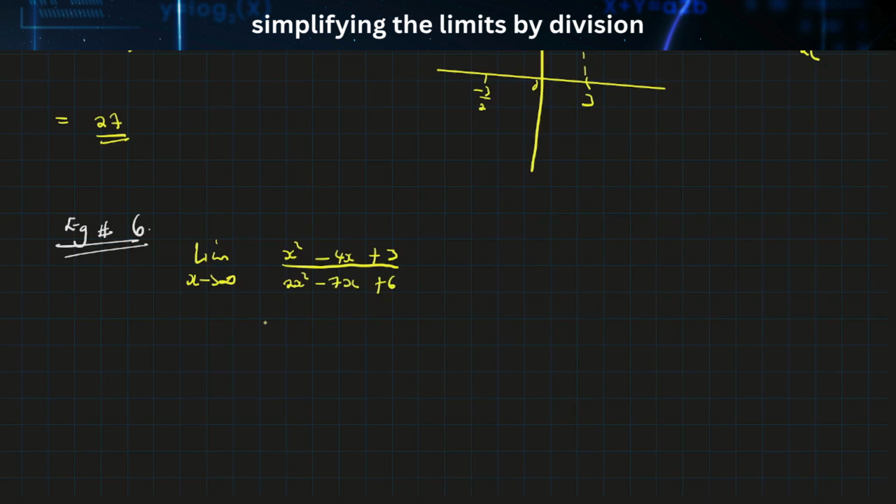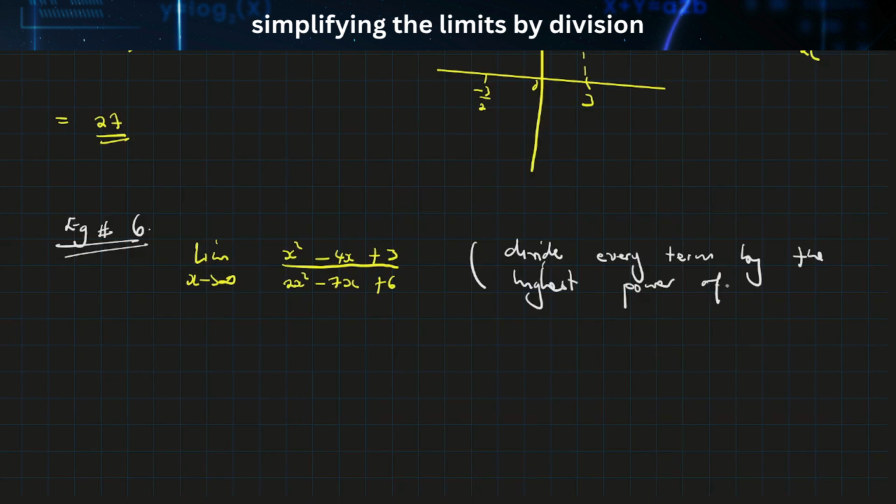How do we deal with this? So the first step when we have something like this, to make it easier, is to divide everything by the highest power of x. We have to divide every term by the highest power of x, right?